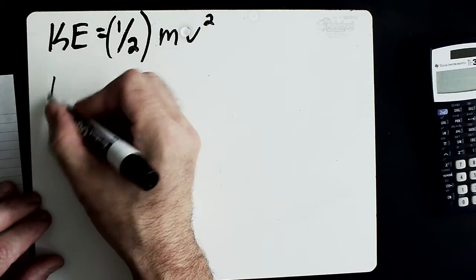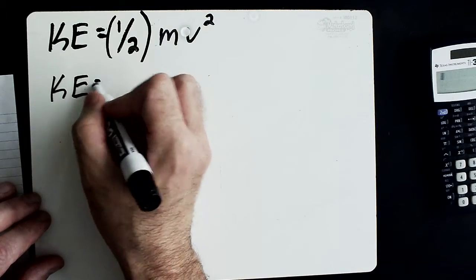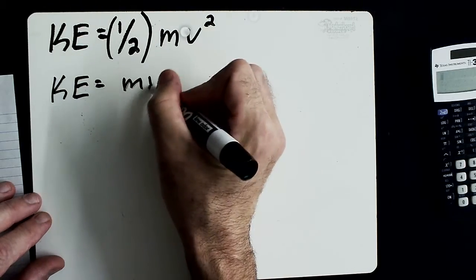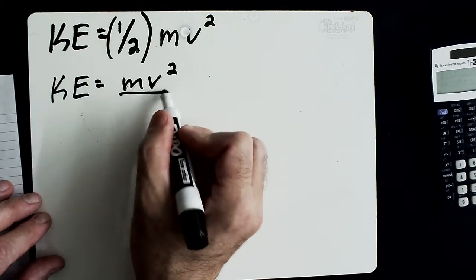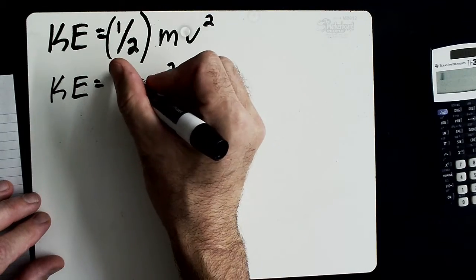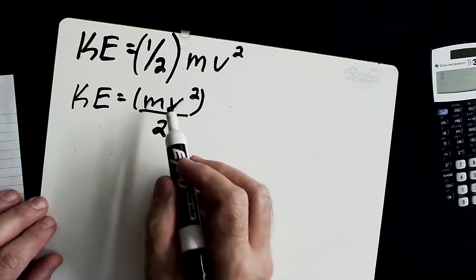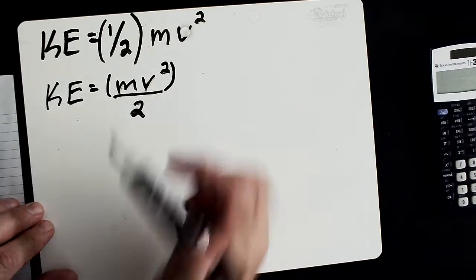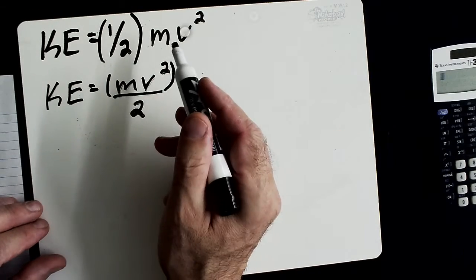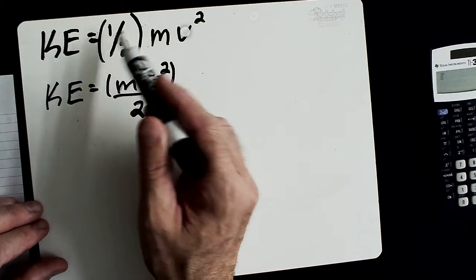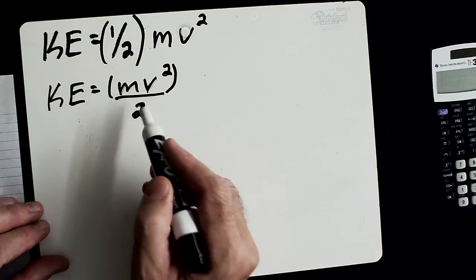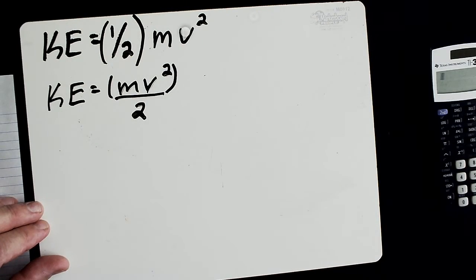It doesn't really matter to me. I prefer thinking about it like this. Instead of having the fraction there, I am not a huge fan of fractions. So I'm going to get rid of the fraction and do this. I'm just going to take the whole thing and divide it by 2.